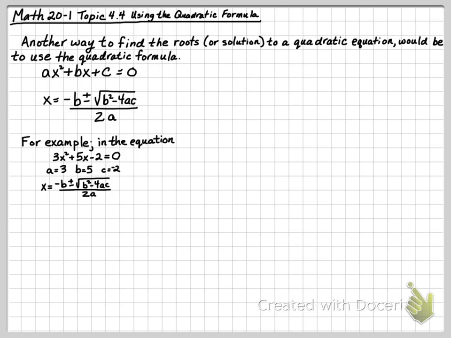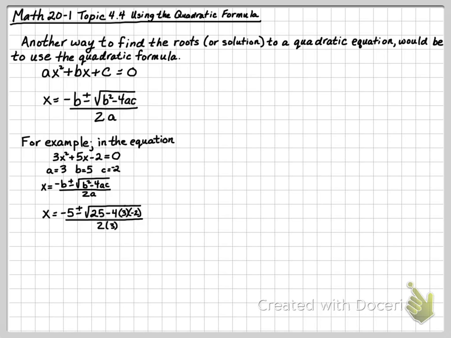We will say x is equal to the negative of b, which is negative 5, plus or minus the square root of b squared, which is 5 squared, or 25, minus 4 times a, which is 3, times c, which is negative 2. All of this is going to be divided by 2 times a, which is 3.